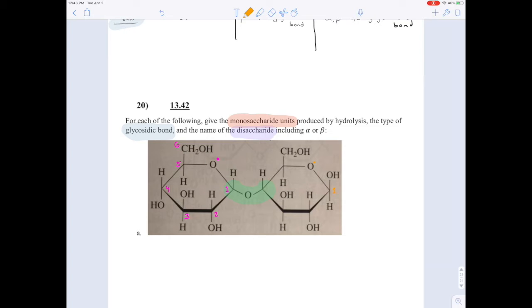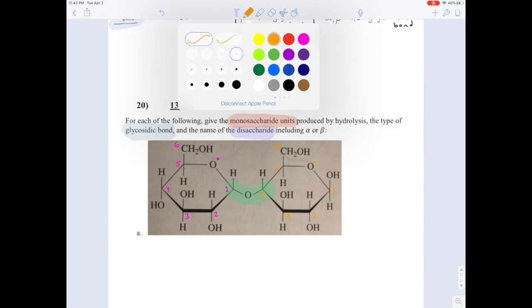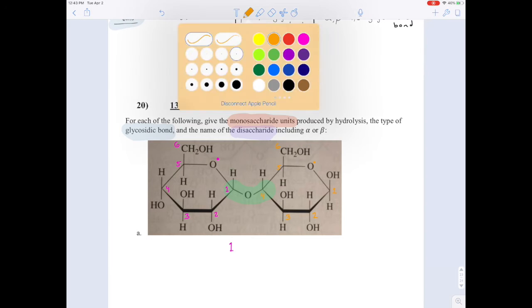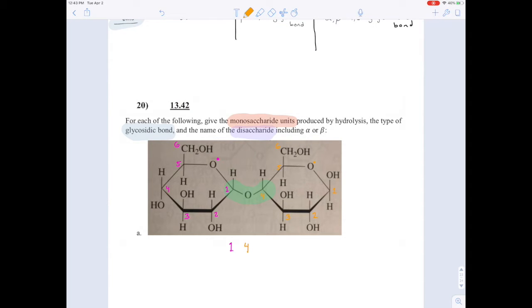That's carbon number 1. Then number the ring clockwise from that: 2, 3, 4, 5, and 6. So after numbering the rings, we can see that the glycosidic bond, highlighted green, is holding carbon number 1 on one ring to carbon number 4 on the other ring. So this is going to be a 1,4 glycosidic bond.